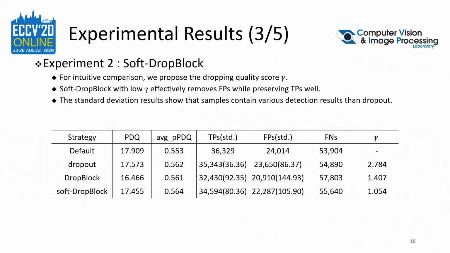This experiment compares soft-DropBlock with the existing method. Low gamma means it preserves true positives well and effectively eliminates the false positives. As a result, we can find that the soft-DropBlock with high standard deviation removes information meaningfully and provides more samples than dropout.